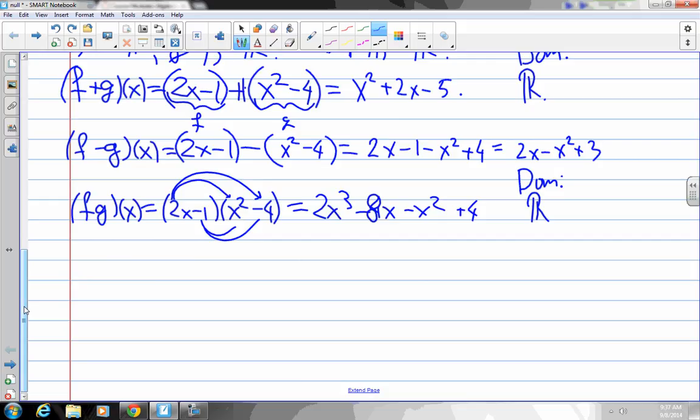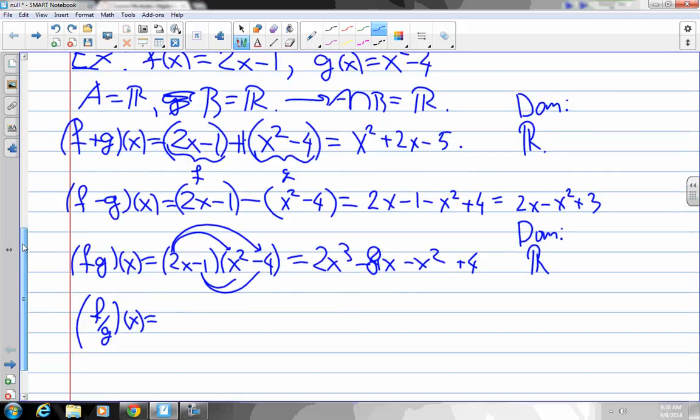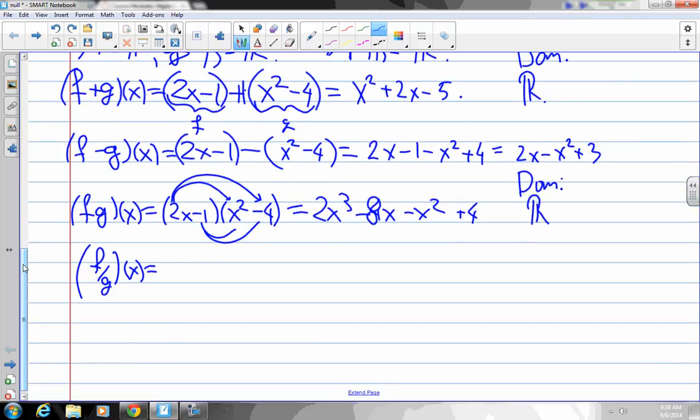How about this one? Let's do f over g of x. So that means f is in the numerator, g is in the denominator. Okay? Now what is the domain of this new function?